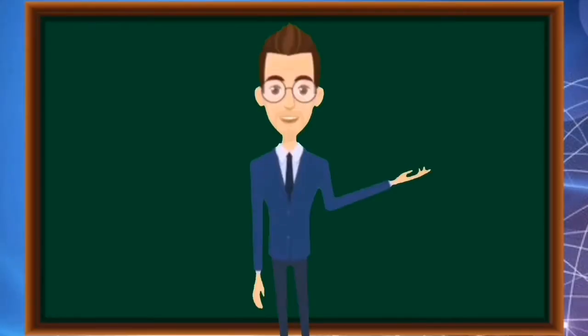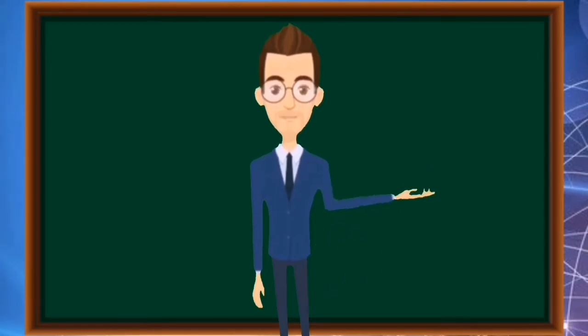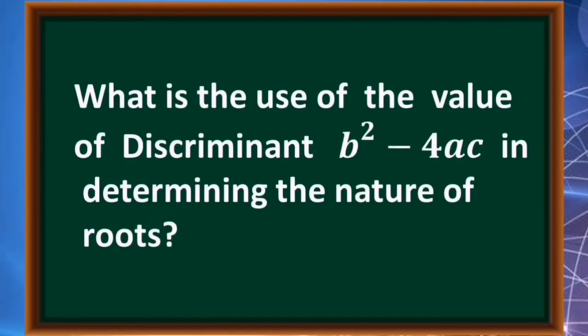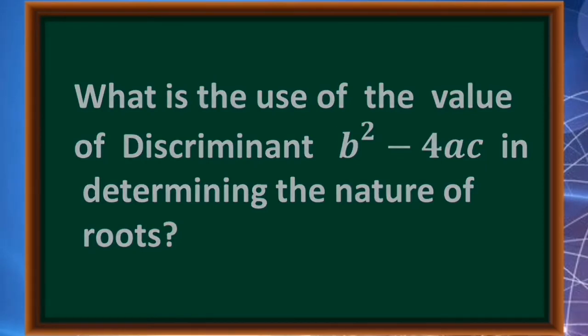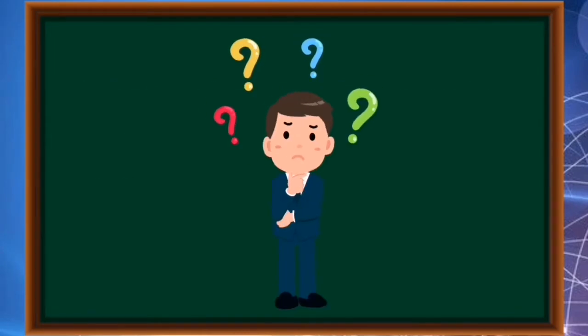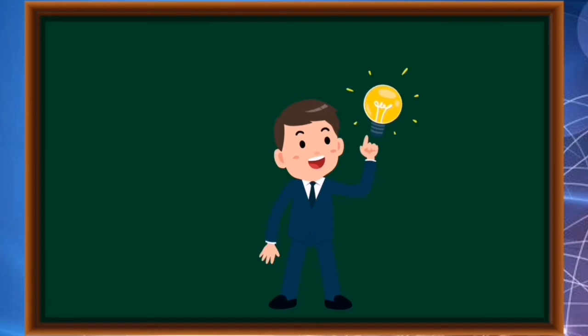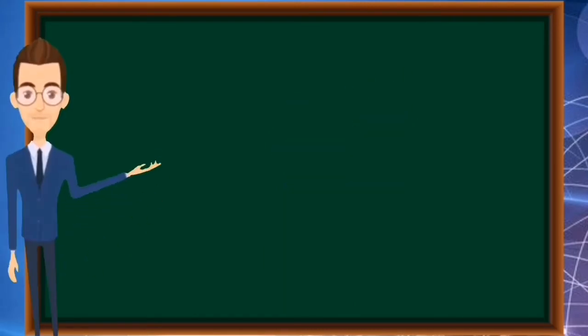Before going to our discussion, first we will have a short recap regarding our previous topic about the nature of the roots of the quadratic equation, using the question, what is the use of the value of discriminant b squared minus 4ac in determining the nature of roots? You are right, very good.